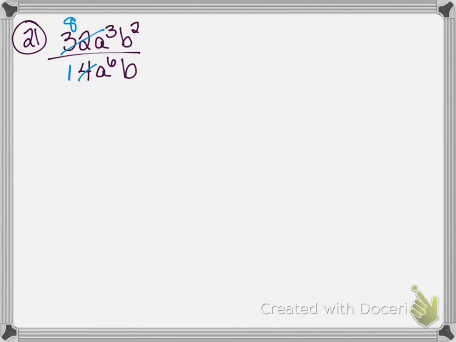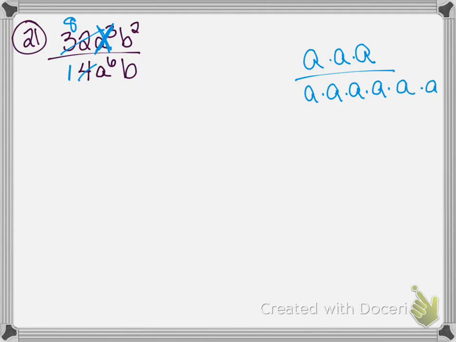Now, a to the 3rd in the numerator, they're all going to be gone because I have more in the denominator. So a to the 3rd, they cancel out completely because remember, it's similar to the one that we just did. We have a times a times a over a times a times a times a times a times a. Okay?